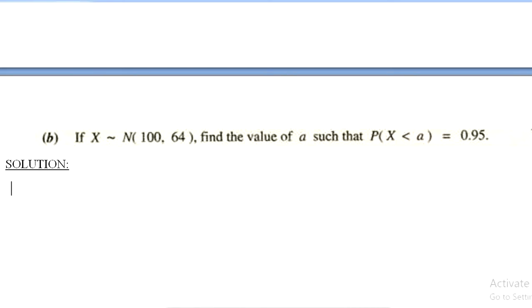We have a random variable X that approaches a normal distribution with mean 100 and variance 64.